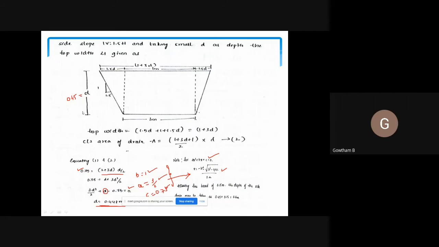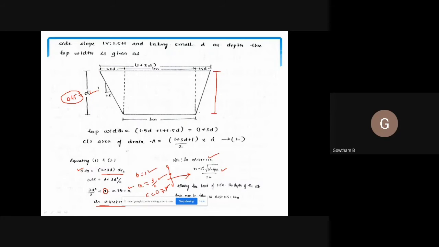Now, 0.45 means as per the discharge of 0.9 meter cube per second and a speed of 1.2 meters per second, your trapezoidal section is filled by water up to 0.45 meter depth.